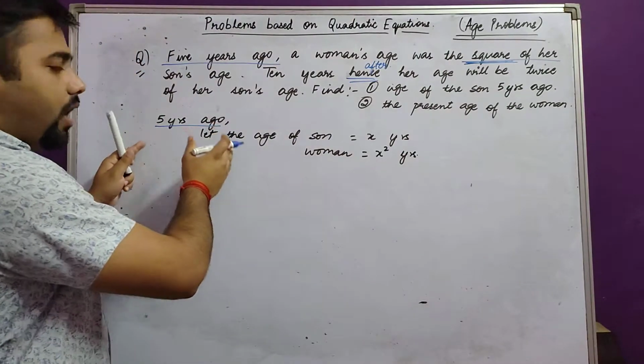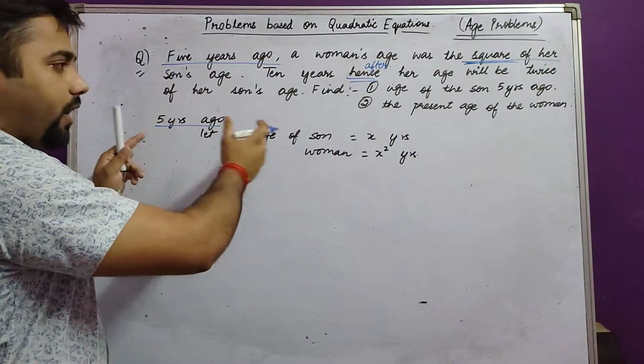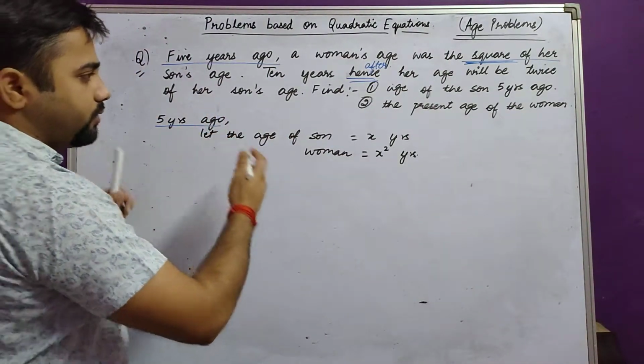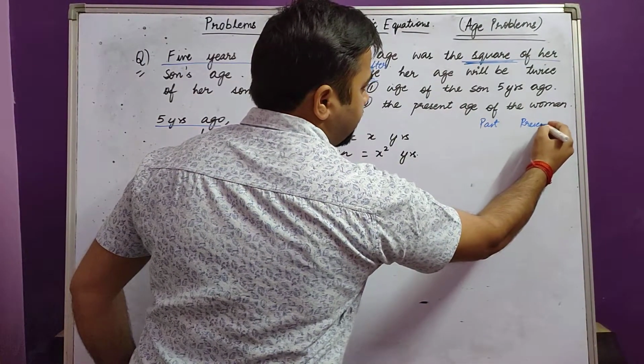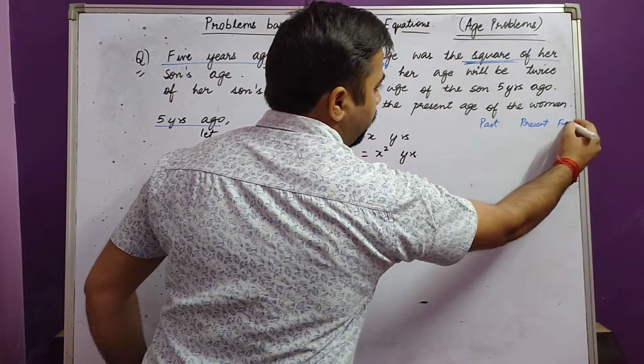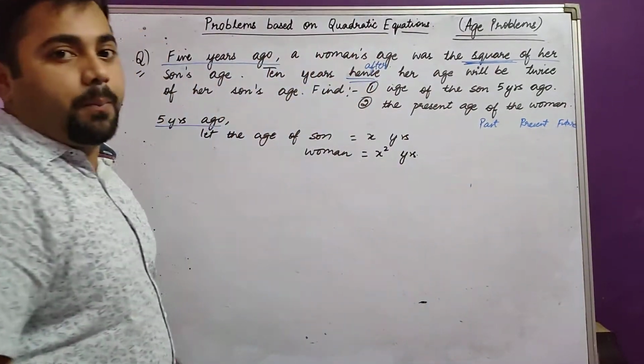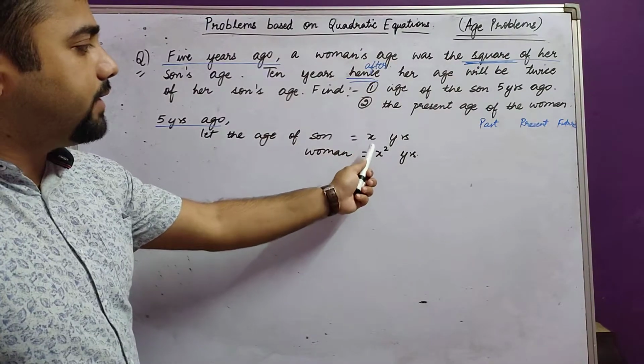Now we are in the past. 5 years ago we are in the past, then we have to come on to the present, then we have to go to the future. In the past their ages are x and x square.